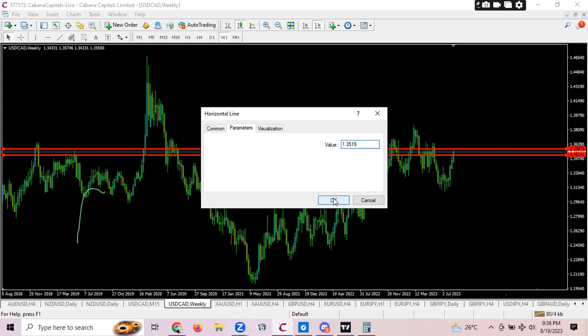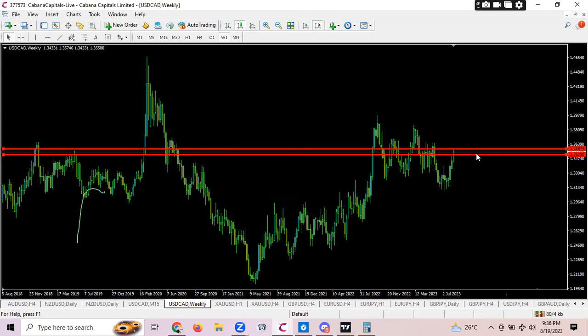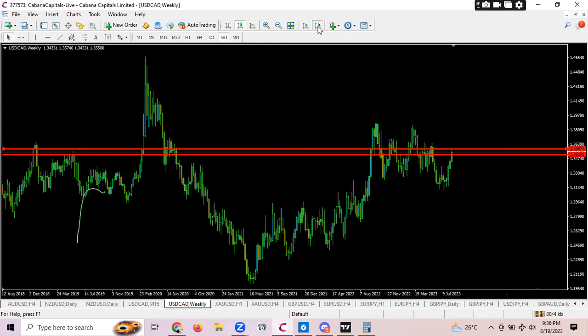So this is our pivot. And like I said, if you use a bullish candle for your pivots calculation, the candle would always close above the pivot, indicating that the market is bullish.